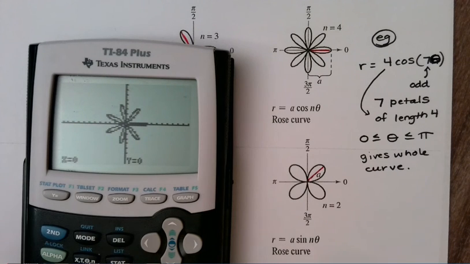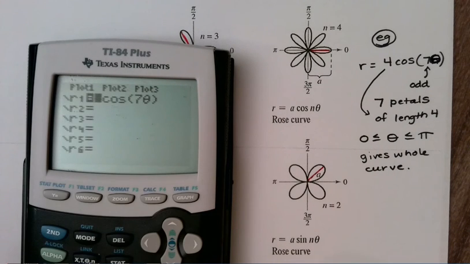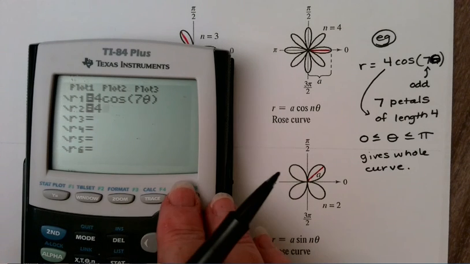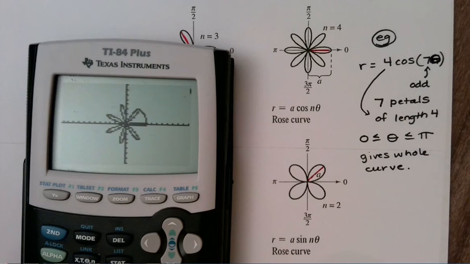Here's an interesting way to see that. Back in my y equals screen, I'm going to graph a second function. I'm going to also graph r equals 4. That's just a circle of radius 4, right? A simple polar equation. Look what happens when you graph them both.